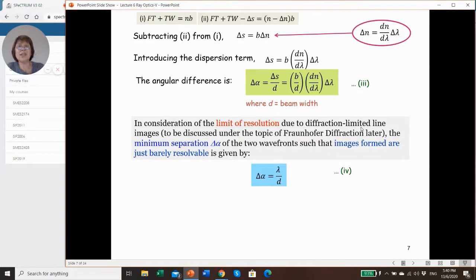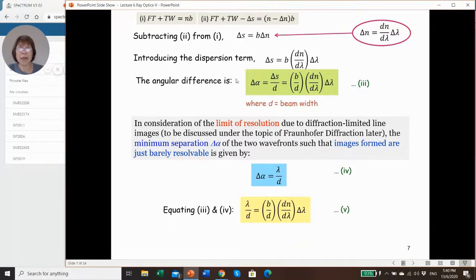When we consider the limit of resolution due to diffraction-limited line images, which we will discuss under the topic of Fraunhofer diffraction later, the minimum separation of the two wavefronts given by this delta alpha, such that the images formed are just barely resolvable, will be given by a ratio of lambda divided by d.